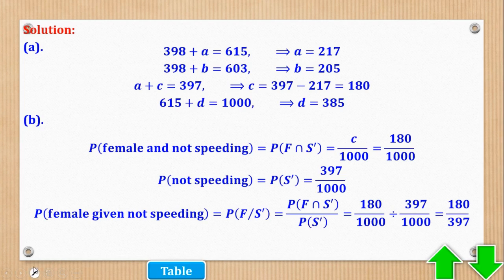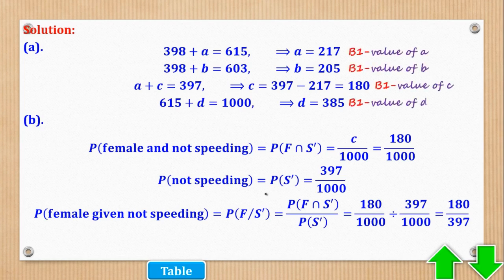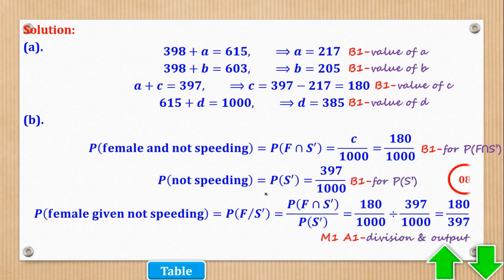So come and substitute. The intersection is here, S complement is there, so we come up with this as the answer. And that's how the 8 marks would be awarded in this slide.